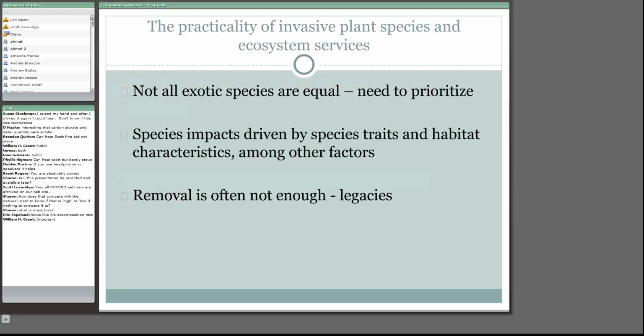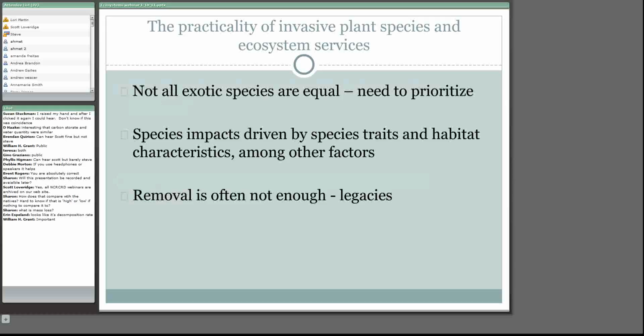We've shown that not all exotic species are equal, so there's a need to prioritize. Often management decisions are based on priorities and goals that are set forth before management is implemented. Species impacts are driven by species traits, habitat characteristics, as we've discussed previously, and removal is often not enough.